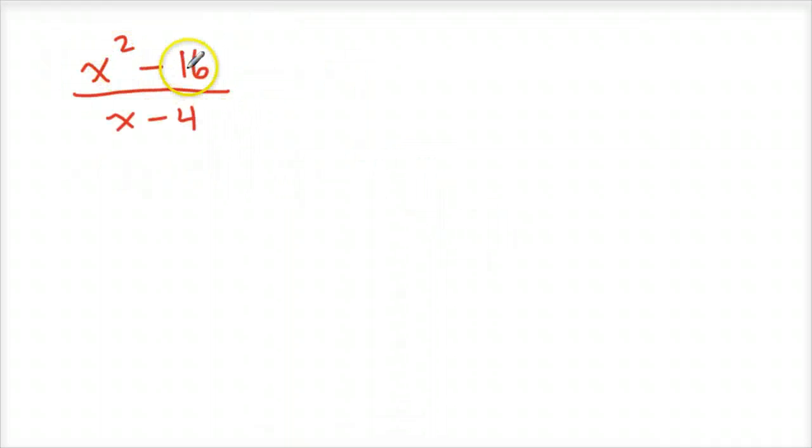Next is simplifying, where we have to do a little bit of factoring first. So x squared minus 16, I should notice that that is a difference of squares. So I know that that's going to factor as x minus 4 times x plus 4, because if I were to FOIL that out, I'd have x times x, the minus 4x and plus 4x would cancel, and then I'd have negative 16.